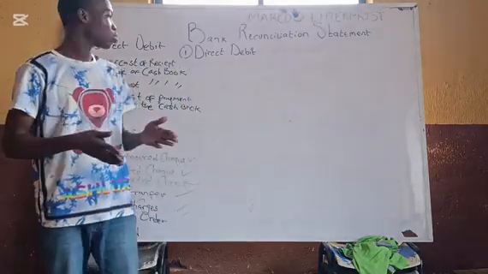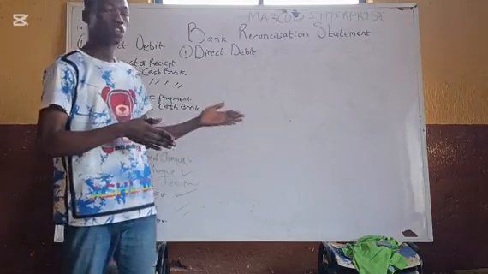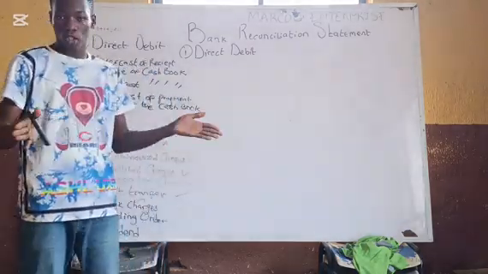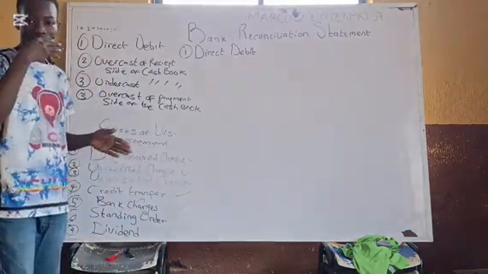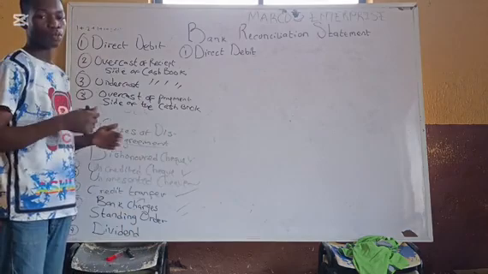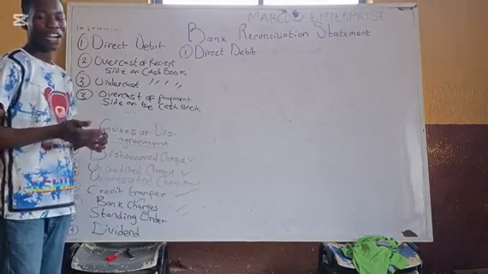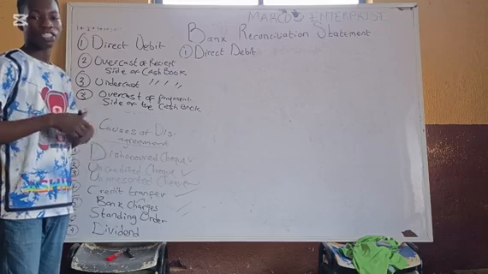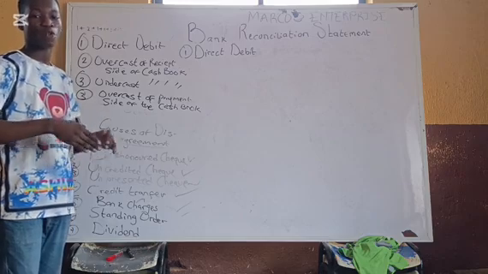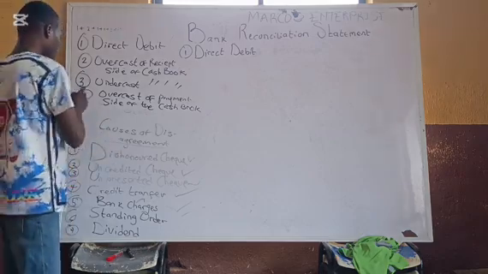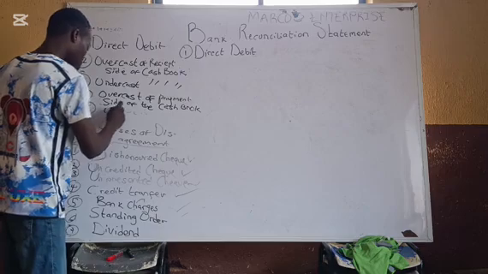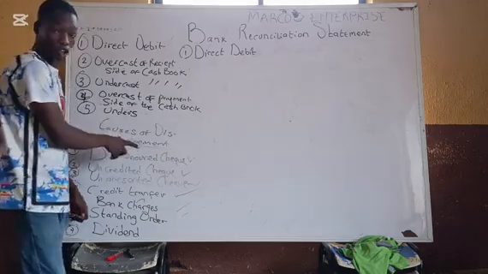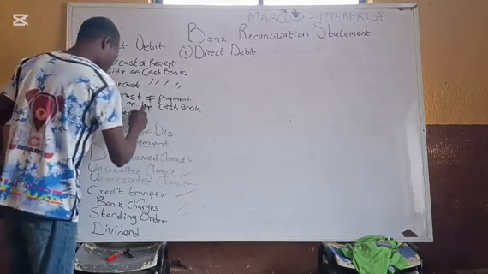What will be the effect of this? I'm still going to explain it, but it is clear already that the payment side, that is the credit side of the cash book balance, has been overcasted. That is, the amount that should be in the bank has been undercasted. So this will also cause a disagreement. Undercasted.